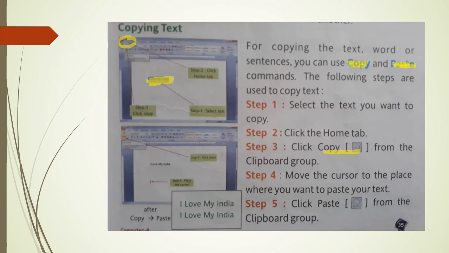The fourth step is to move the cursor to the place where you want to paste your text. Just move your cursor to the new place, and then the next step is to click paste from the clipboard group.